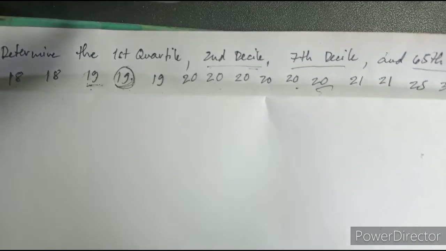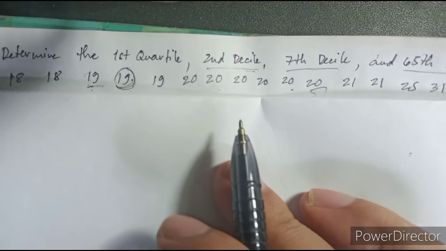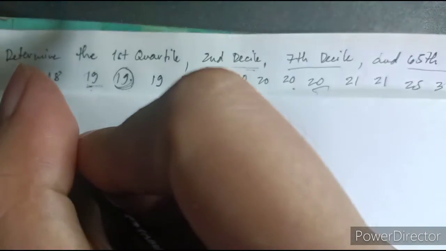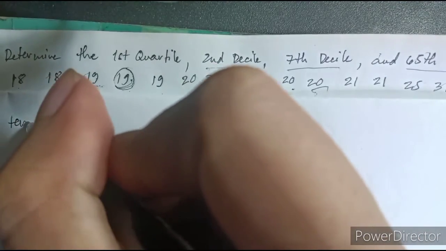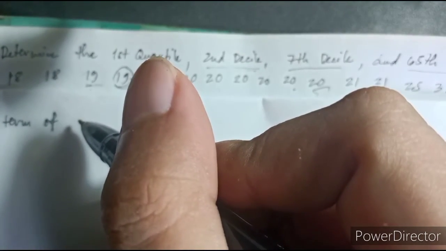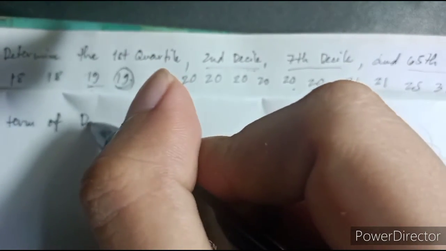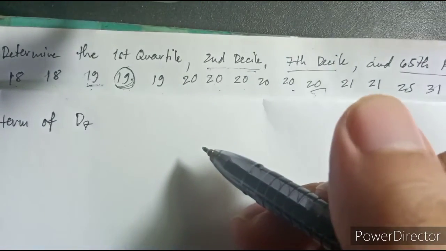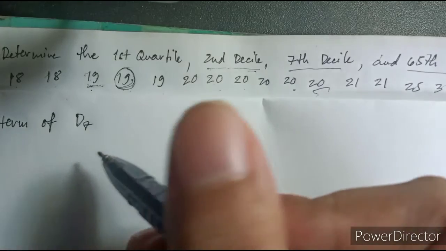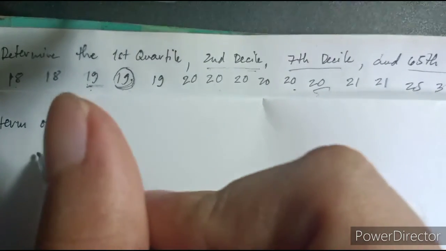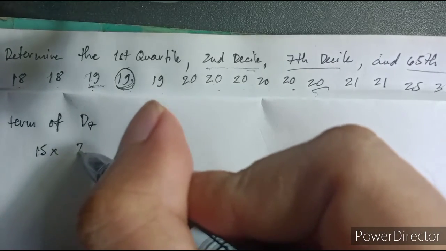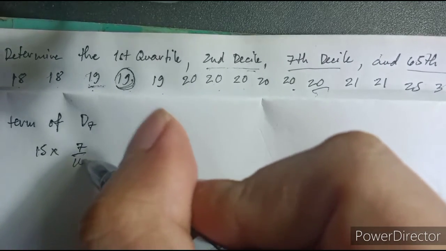Let's continue on to determine the 7th decile. To do that, we determine the term of the 7th decile. We have 15 times 7 out of 10.